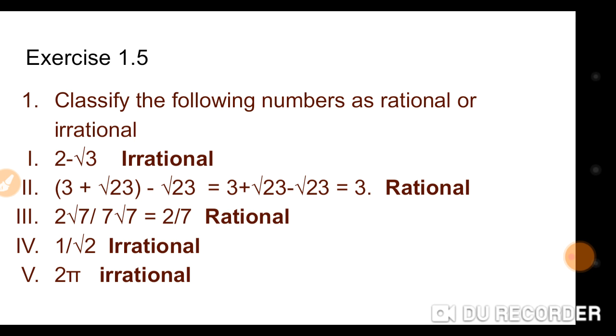So plus root 23 minus root 23 cancel and we get 3, that is a rational number. In the third part, 2 root 7 divided by 7 root 7. So root 7 cancels, we get 2 by 7, that is a rational number. And 1 by root 2, 1 is rational and root 2 is an irrational number. So the result is an irrational number. And in the last part, that is 2 pi. 2 is a rational number and pi is an irrational number. So rational multiplied by irrational, the result is irrational. So 2 pi is an irrational number.